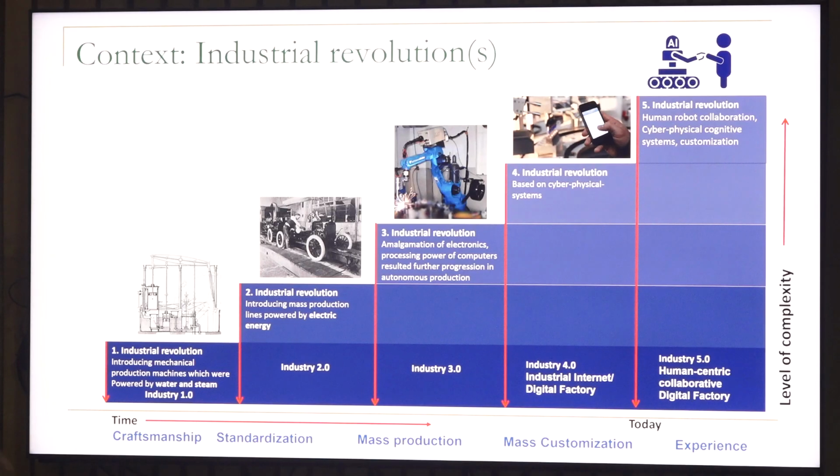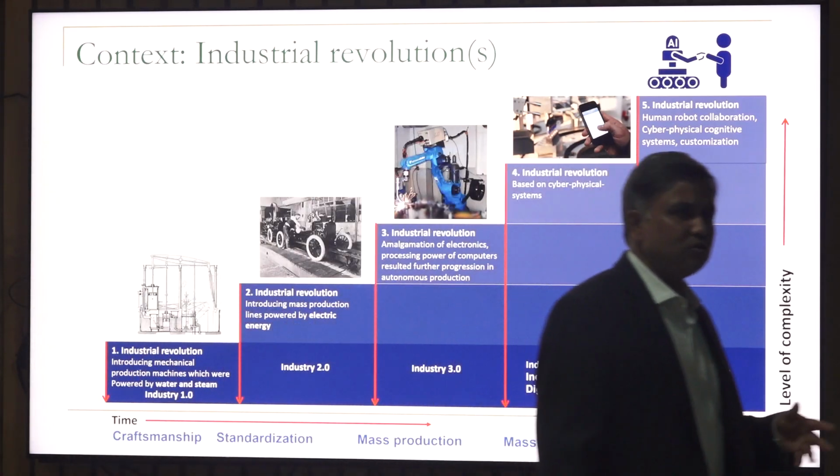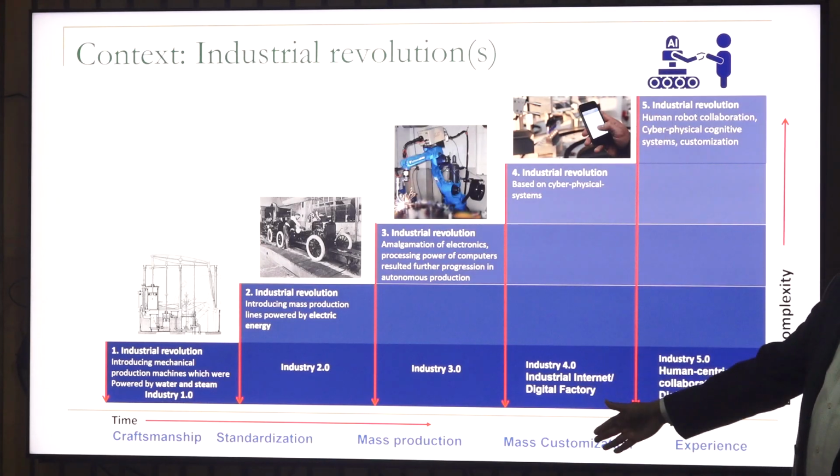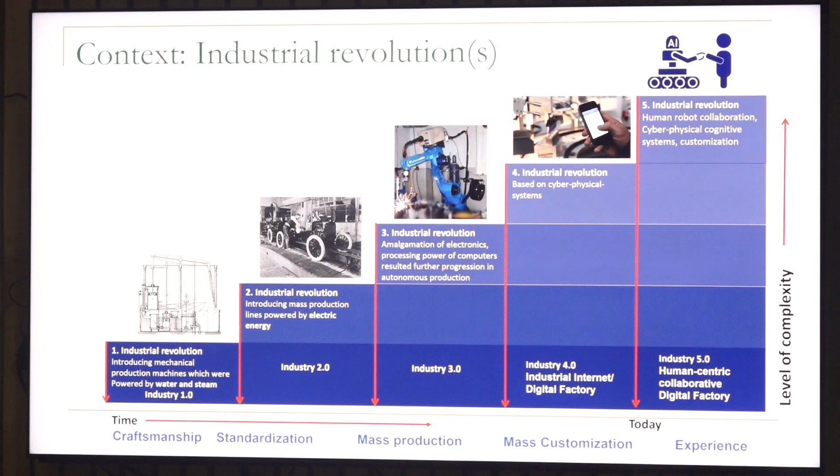And when we mass produce, people say, I don't want this because he is also wearing the same thing I am wearing, or using the same thing I am using. I want something different, something unique. So in the last 40 years we are talking about mass customization. And now it is not only a product for me, it is also providing me a unique experience.